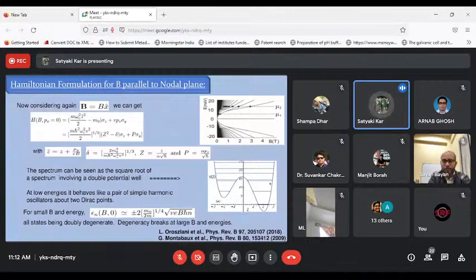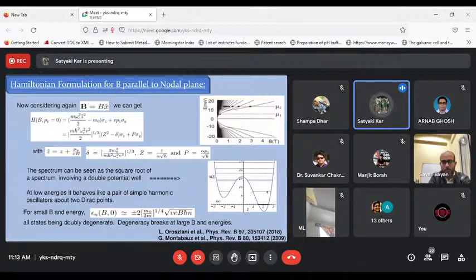Now, when my magnetic field is very small, the distance between these 2 potential wells is very far, and then you can treat them independently. Each one of them, for low energy, you can consider to be a simple harmonic oscillator, and both of them have the same energies. So you can have energy matches at low energies.